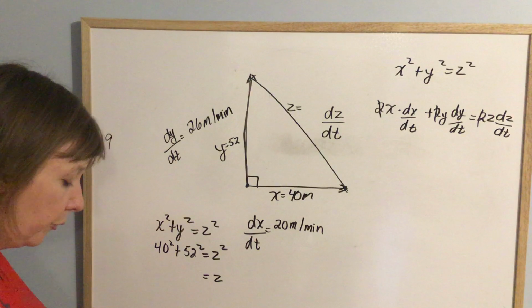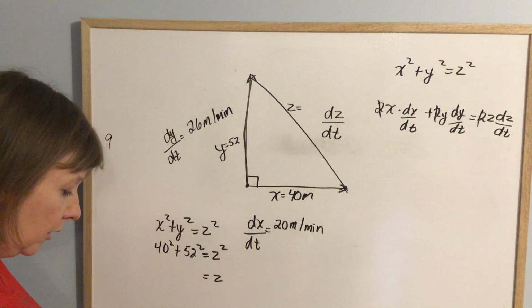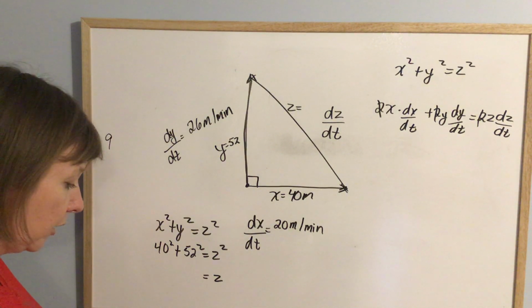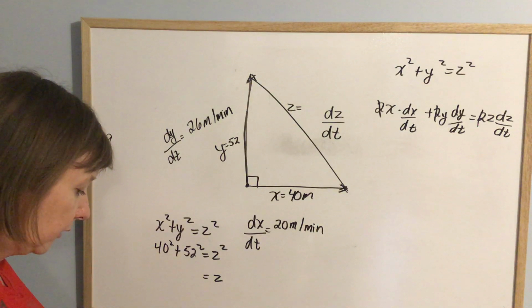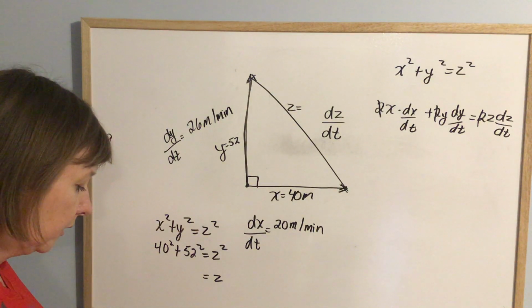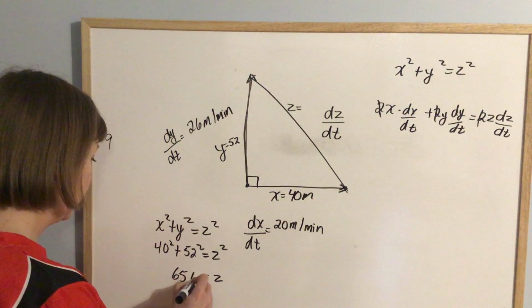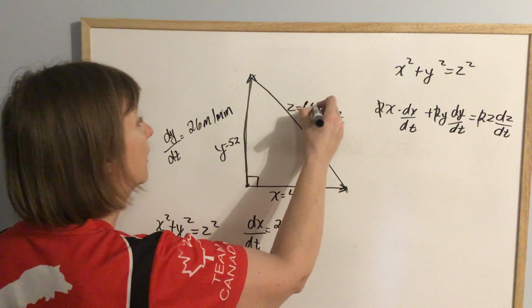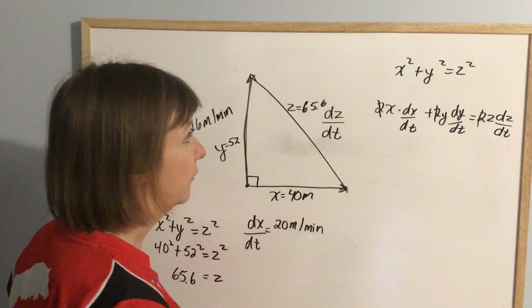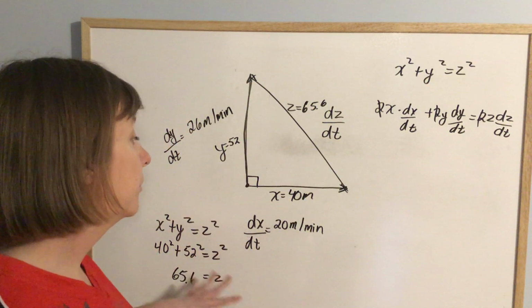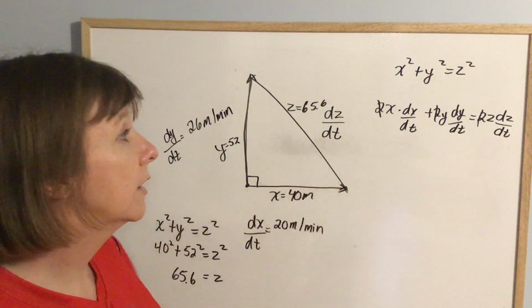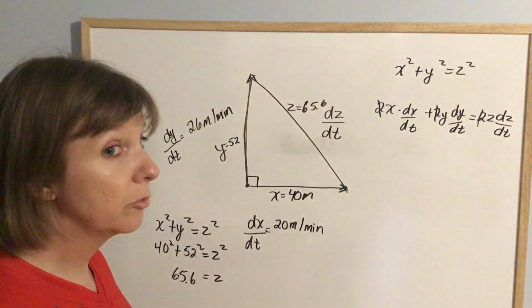I'm just going to do 40 squared plus 52 squared, and then I'm going to take the square root of that. And I'm going to get 65.6. So z is 65.6. So now that I have all this, the only thing I don't know is dz over dt, which is what I want to know.